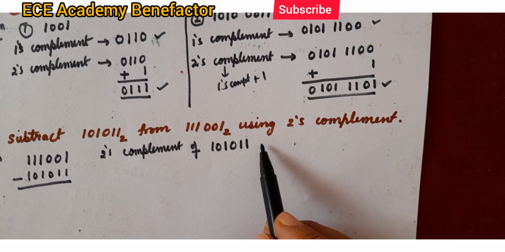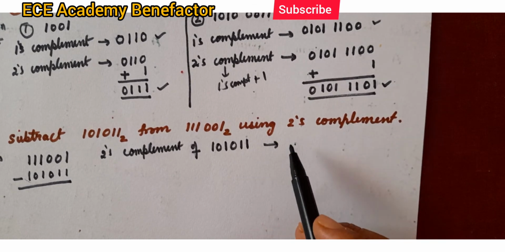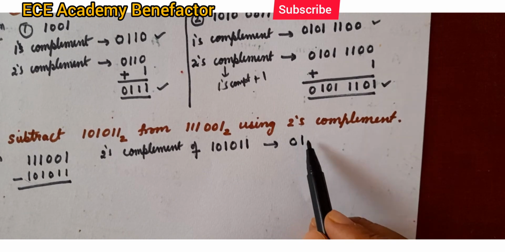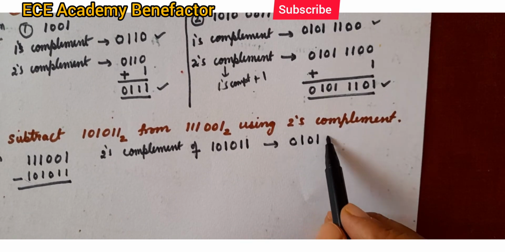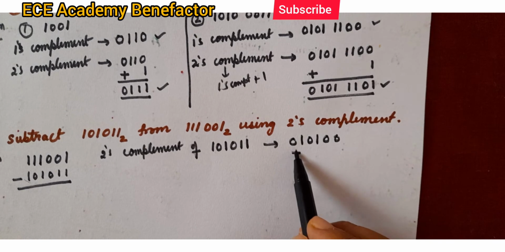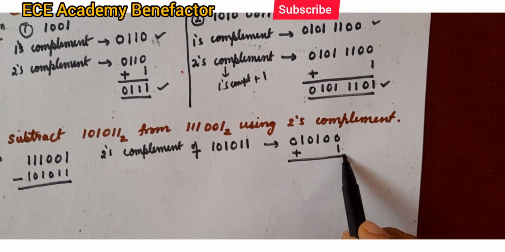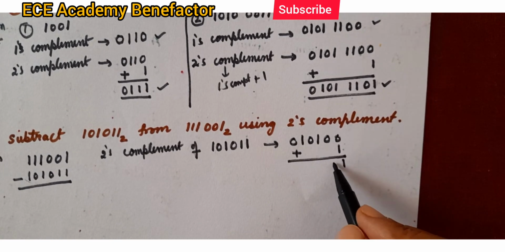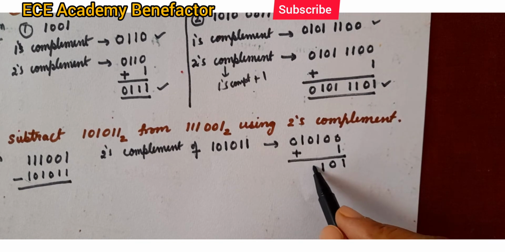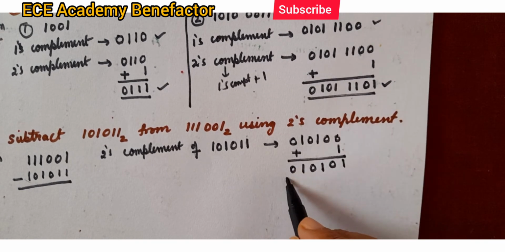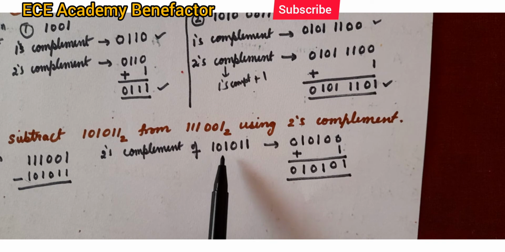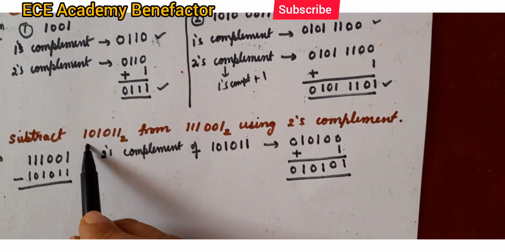How to find? First you have to find its ones complement. So it will be 0 1 0 1 0 0 and add 1 to the LSB. So it will come as 0 1 0 1 0 1. This is the 2's complement of this number. So this is the first step.